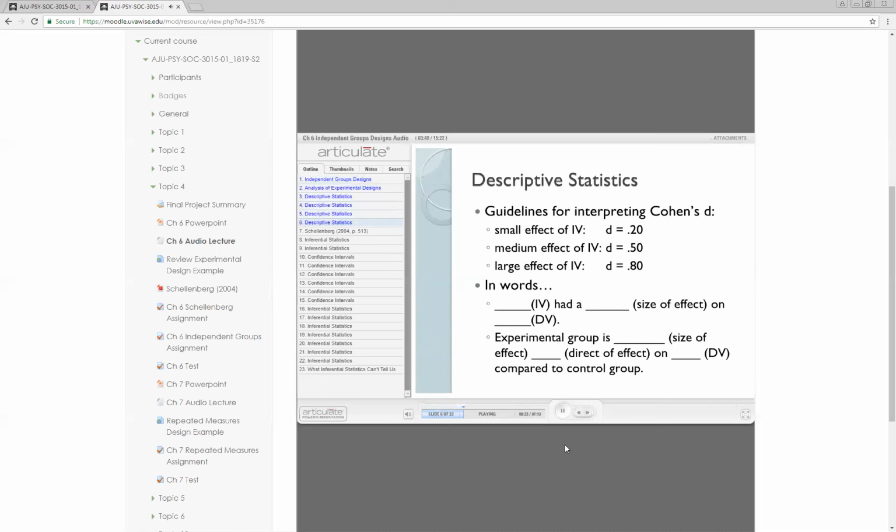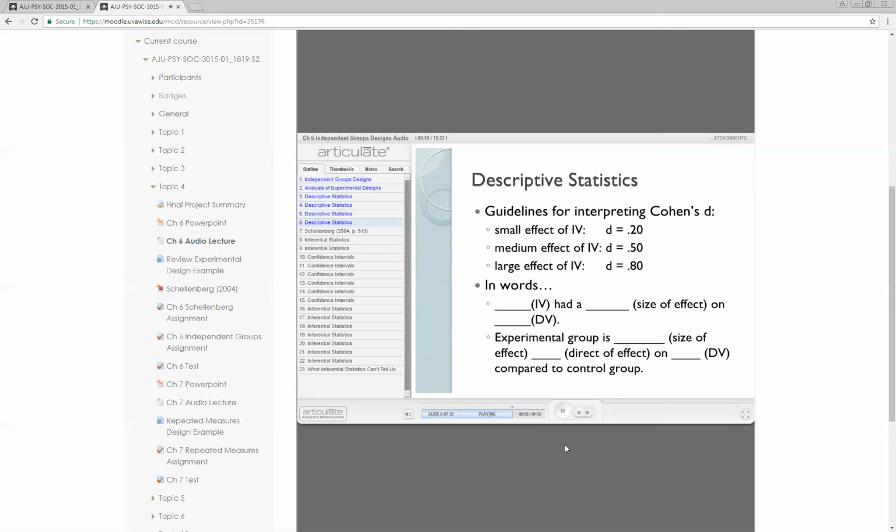So let's say we're interested in the effect of tutoring on research methods grades. Our independent variable is going to be tutoring. We're manipulating whether or not students get tutoring and seeing how it affects grades. So if we have an effect size of, let's say, 0.4, which is a medium effect, we would say that our independent variable tutoring had a medium effect on grades.